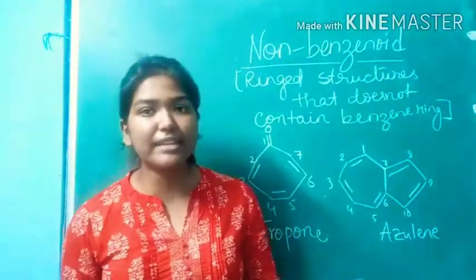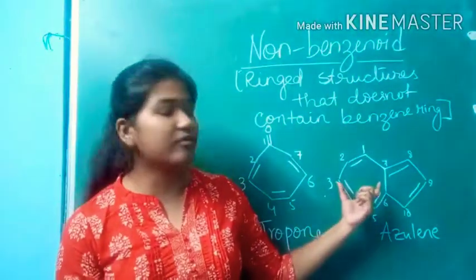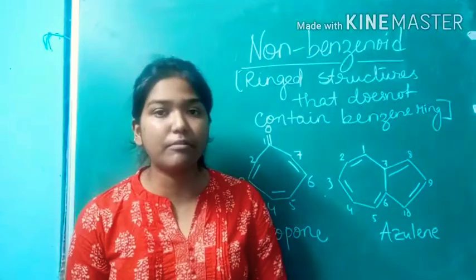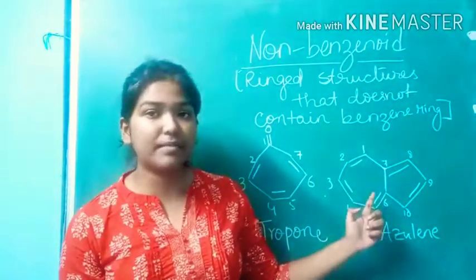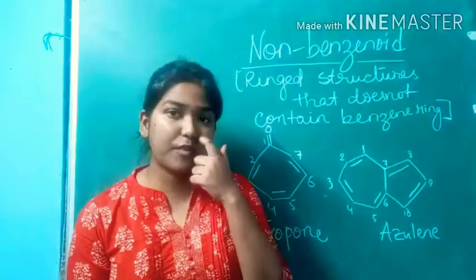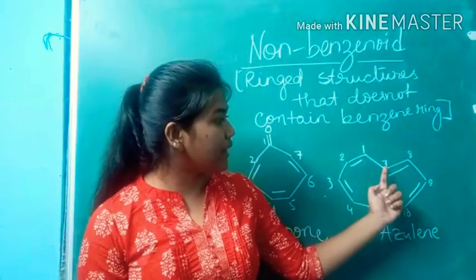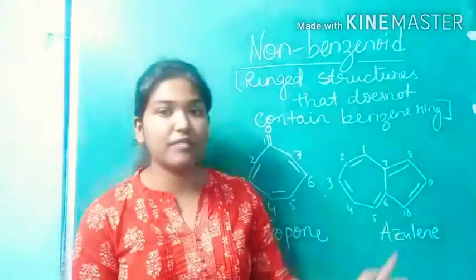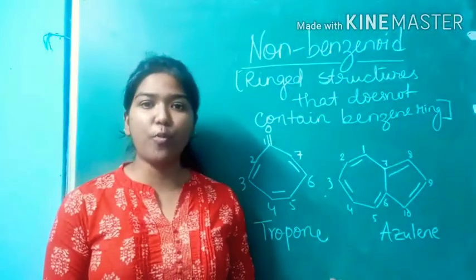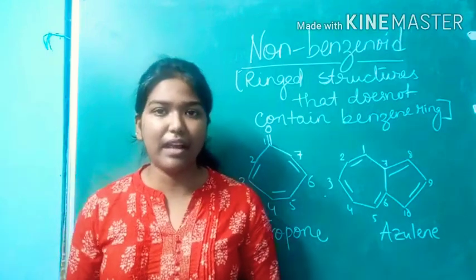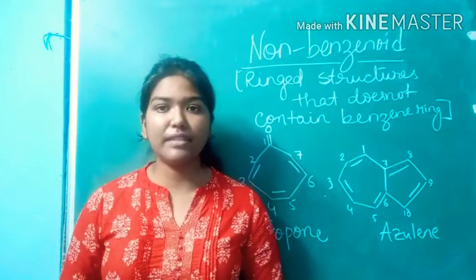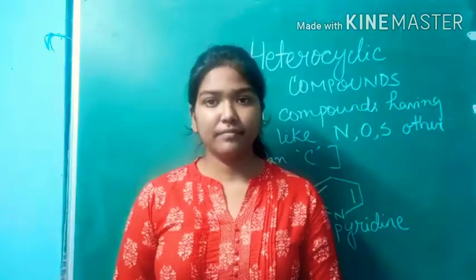There are 2 rings fused together. One is a 7 carbon ring, 1, 2, 3, 4, 5, 6, 7, and it is fused with a 5 carbon ring, 1, 2, 3, 4, 5. So none of them are benzenes. That is why tropone, azulene and many others fall under the category of non-benzenoid structures.